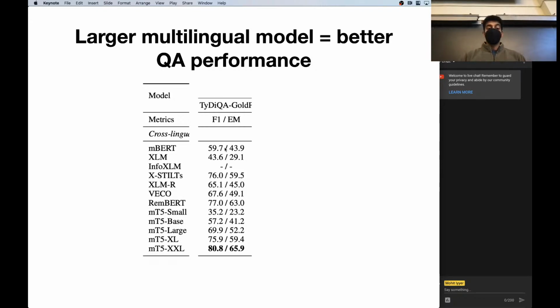So MBERT is a smaller model trained on Wikipedia. That was its only source of multilingual data. Versus MT5 XXL, which is much bigger than MBERT, and was also trained on much more data from Common Crawl. So you can see the impact that both of these features make for the model performance on predicting the right answer in this data set.